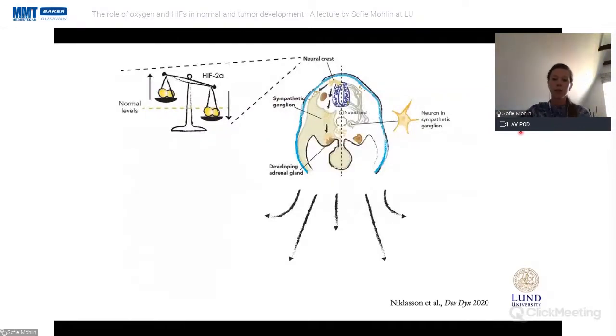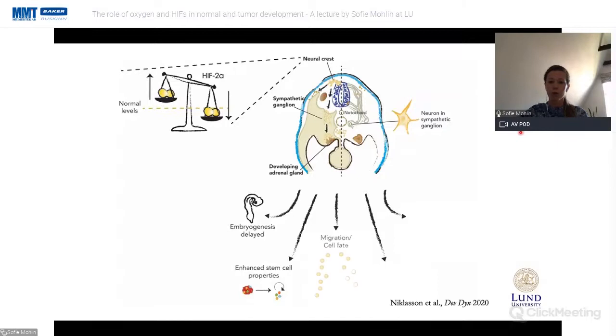So just to summarize this part, we show that when HIF2 alpha levels are skewed in the neural crest cells, so we target the neural crest cells specifically, it's not the whole embryo, we can see that the embryogenesis is delayed. We see enhanced self-renewal. We alter the migration, maybe cell fate.